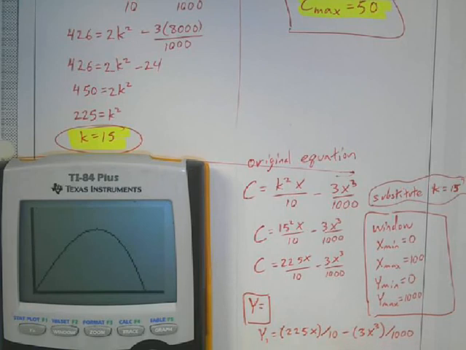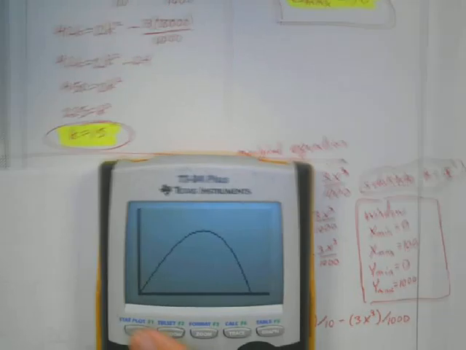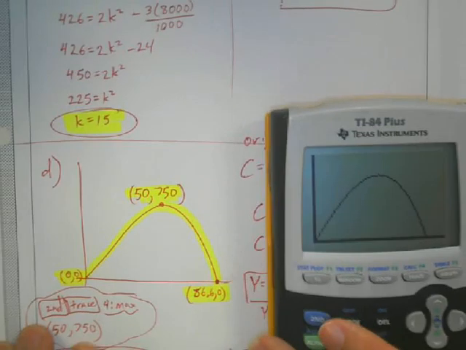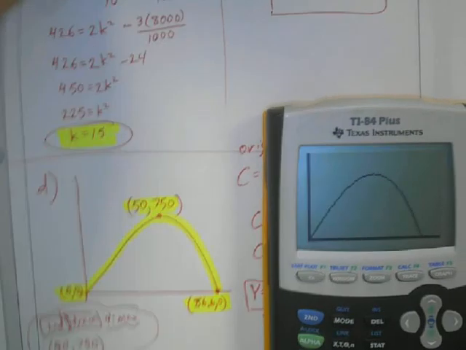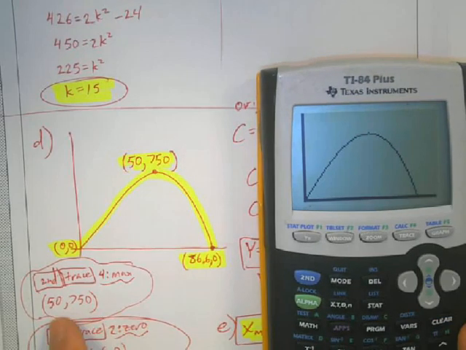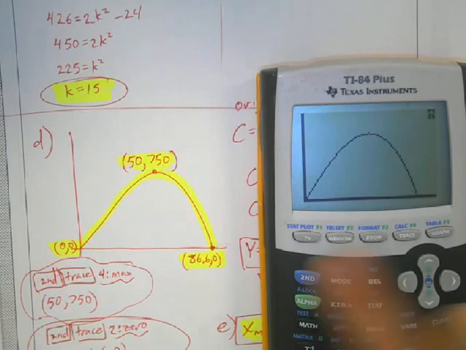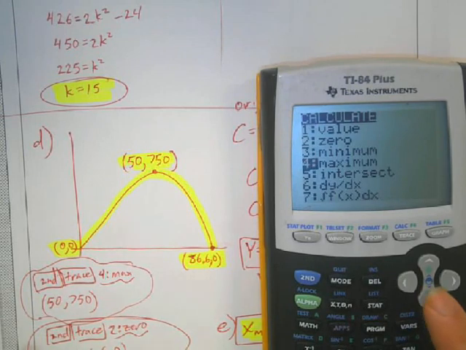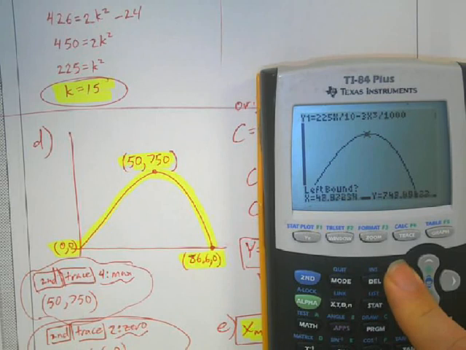Okay, so then they've asked us to draw this graph and to label the maximum. So to do that, we do second trace. To find the maximum, I hit 4. And you should be comfortable with left bound, right bound.